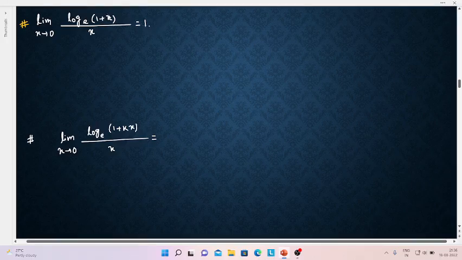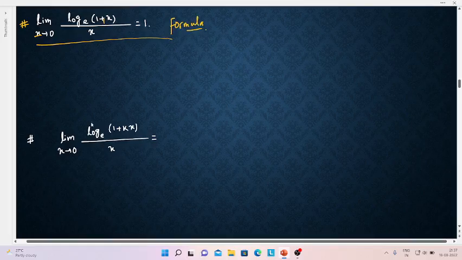So here you can see x is there, and x is there, and that particular x is tending towards 0, right? So let me again say that limit x tending to 0 log 1 plus x with base e upon x is equal to 1. So that is the formula, right? One of the formulas of limit.